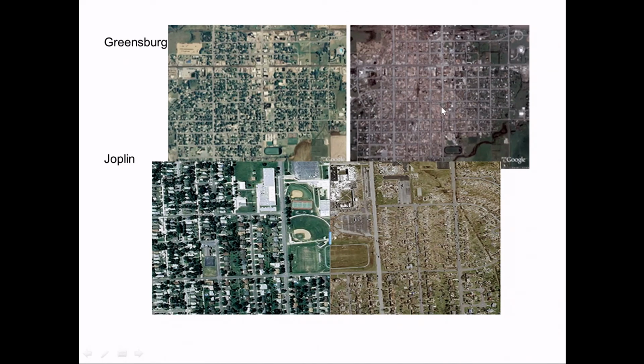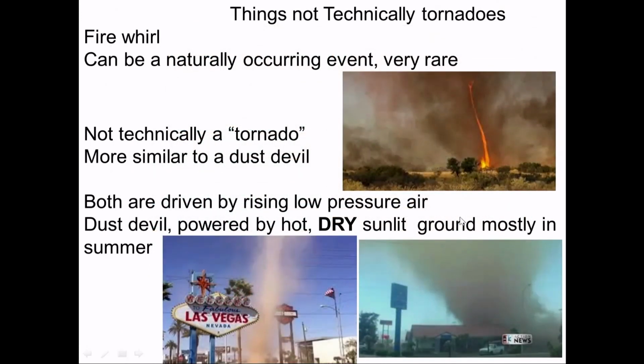This one is the same place twice, so there's the same intersection as right there, and you can see the tornado looks like it came about north-south right there, and stripped away most of everything. All the green is gone, the grass, no grass left even, it seems, and definitely no houses. So very unfortunate, but EF5 tornadoes can happen.